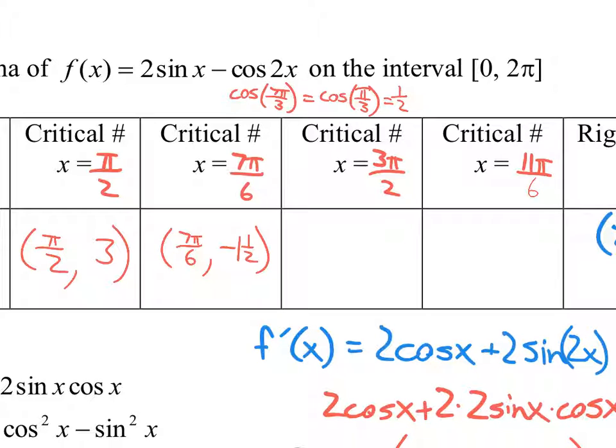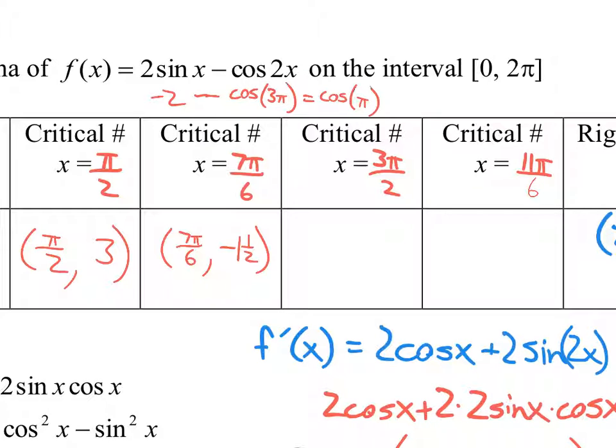Okay, so now I plug in 3 pi over 2. Sine of 3 pi over 2 is negative 1, so that's a negative 2, minus cosine of, if I multiply that by 2, it's cosine of 3 pi, which is the same thing as cosine of pi, which is negative 1.